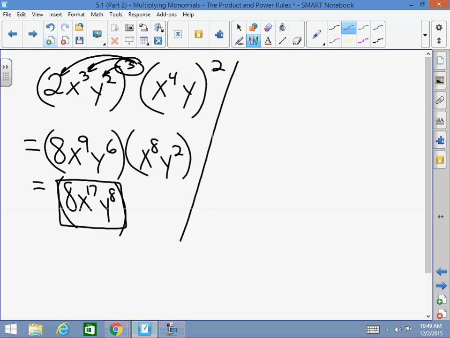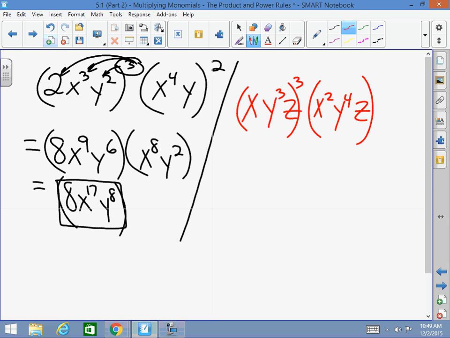How about this bad boy? x y cubed z cubed times x squared y to the 4th z to the 4th. Okay. What would I get here, gentlemen? X to the 3rd. Okay, you keep going, my brother.